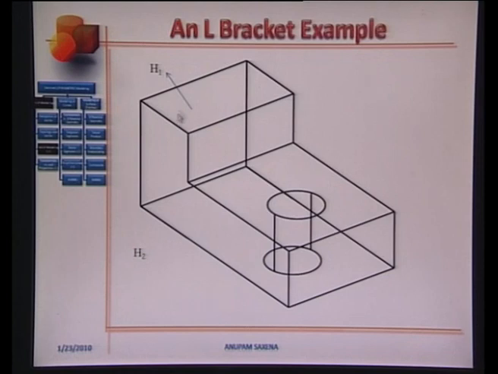The side face as H2, the other side face as H3, the front plane as H4, this plane here as H5, the base of the bracket as H6, the back plane here as H7, and the top plane here as H8.